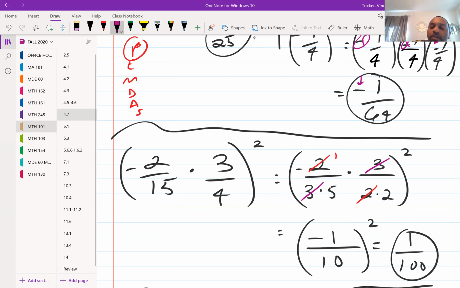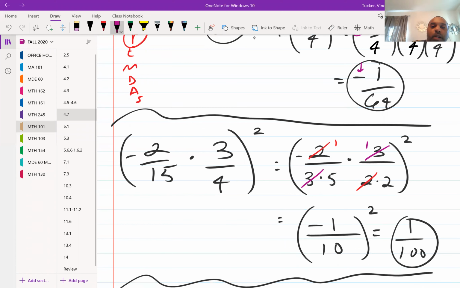Cancel out 3's. That'll leave me a 1 up top as well. So now if I multiply across, negative 1 times 1 is negative 1. And then 5 times 2 is 10. So we have 10 in the bottom.